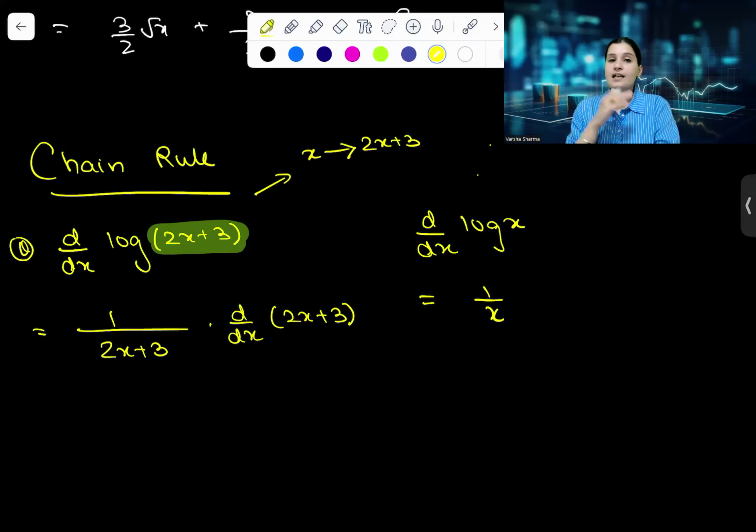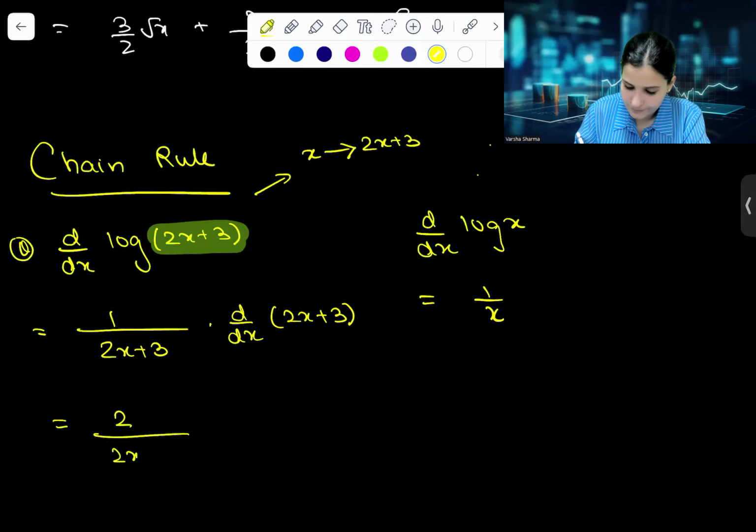So मैंने इसको treat करा log x के जैसे, इसलिए मैंने 1 by x लिखा. मेरा x के जगह 2x plus 3 था. So I'm differentiating that term and writing it in the numerator. So, what is the differentiation of 2x plus 3? 2. वो numerator में आ जाएगा. So ये जो चीज है ना कि आपके सम में instead of x there is some other term and then we are differentiating it considering that scenario, this is known as chain. समझ आए? Yes, ma'am.